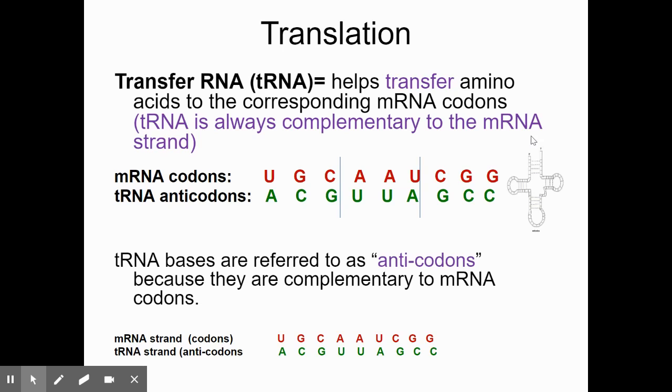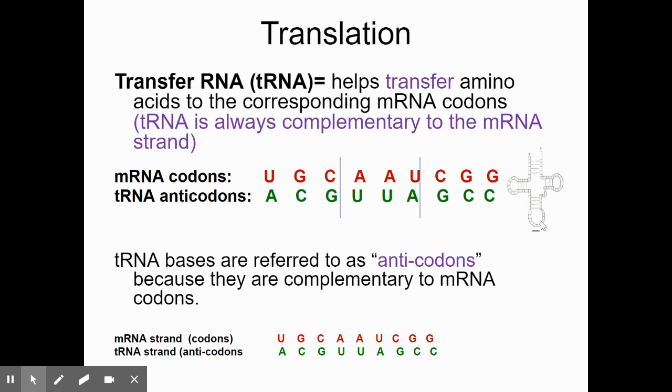And you'll notice on our T-shaped molecule known as tRNA, where it's going to bind is here at the mRNA. But how does it know where to go? Well, tRNA has what's called anticodons. So that's what I mean by it being complementary to mRNA. So it knows where to go because it's going to bind to those complementary mRNA codons.